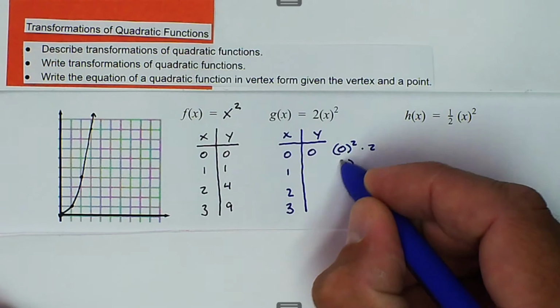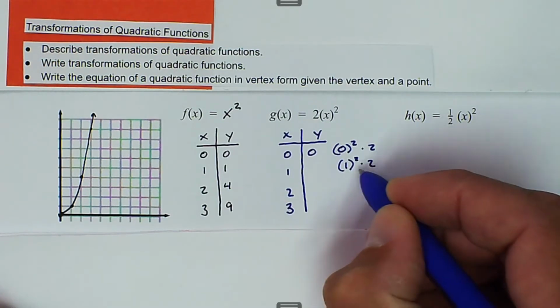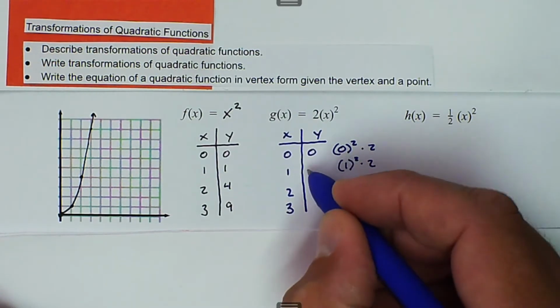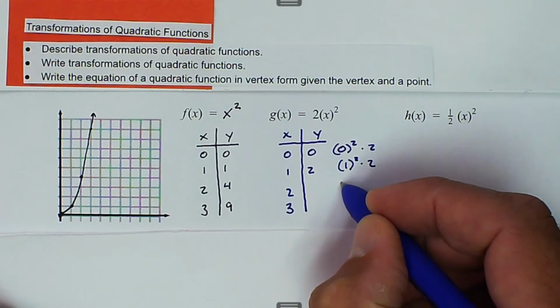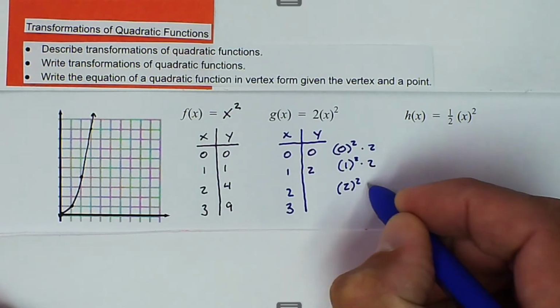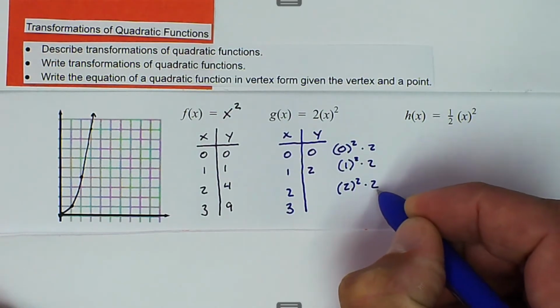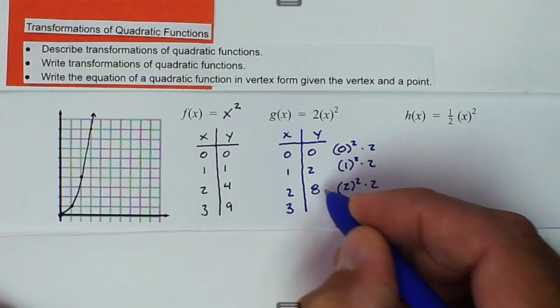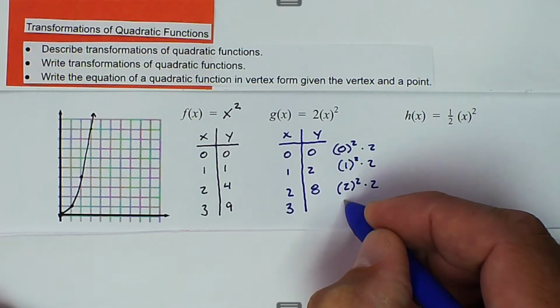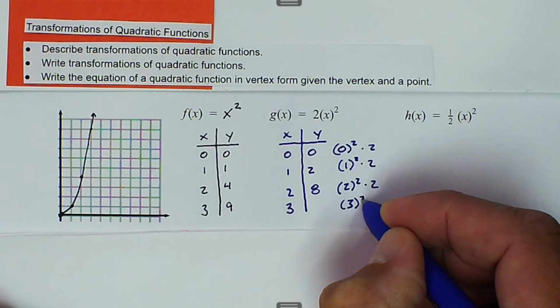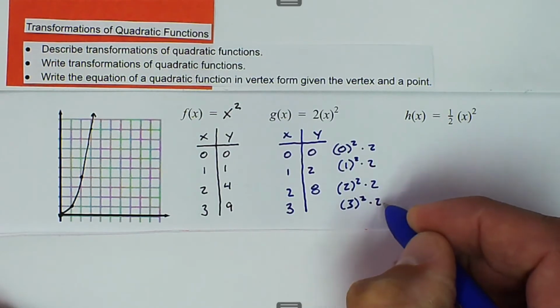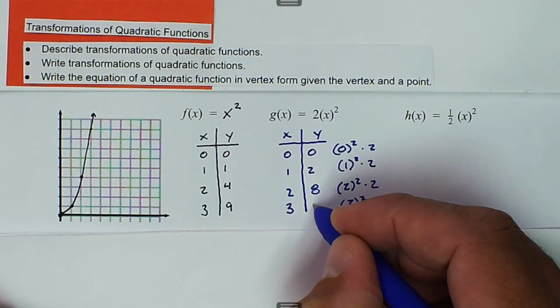And then 1 squared times 2, 1 squared is 1 times 2 is 2. 2 squared times 2, 2 squared is 4 times 2 is 8. And 3 squared is 9 times 2 is 18.